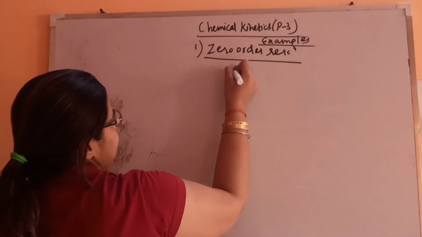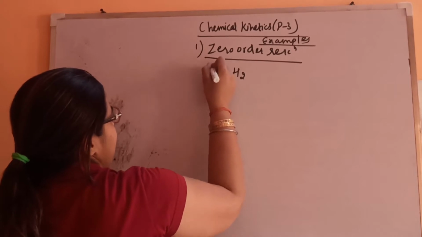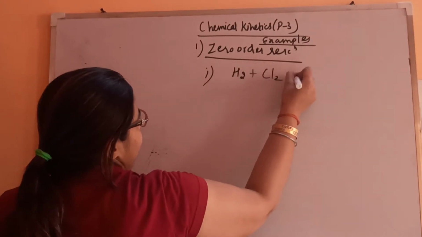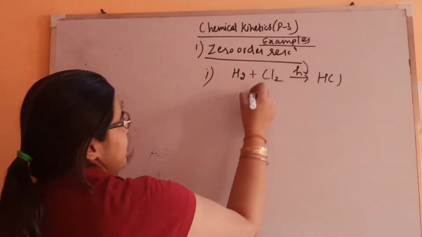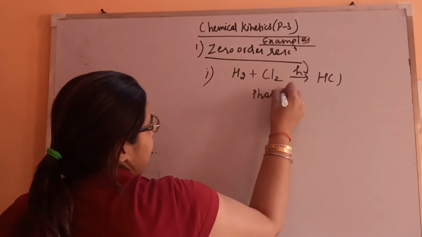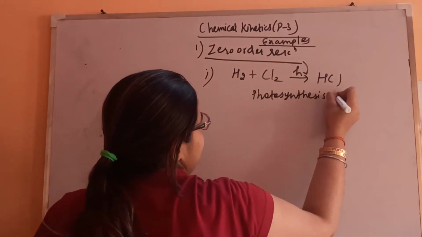So first, hydrogen is reacting with chlorine and gives you hydrogen chloride in the presence of light. This is known as photosynthesis, the synthesis of HCl in the presence of light.